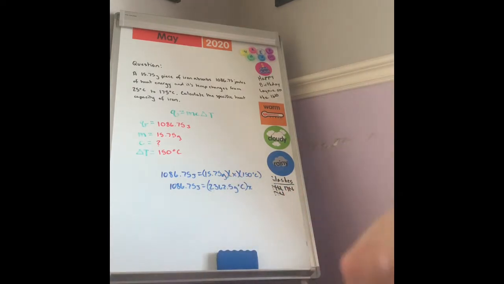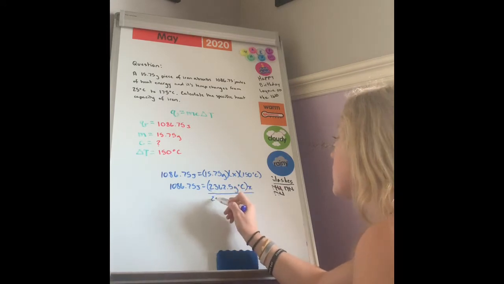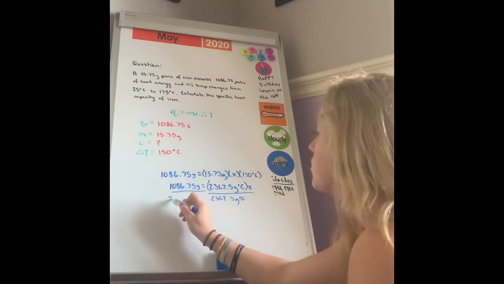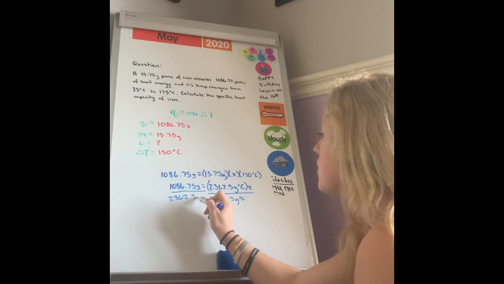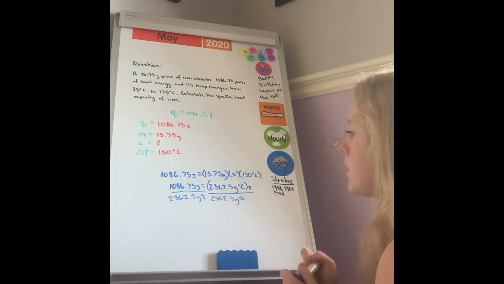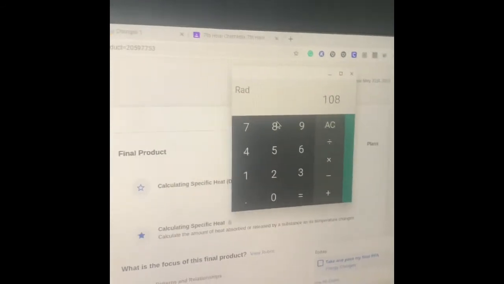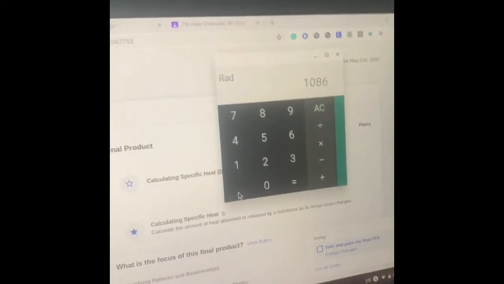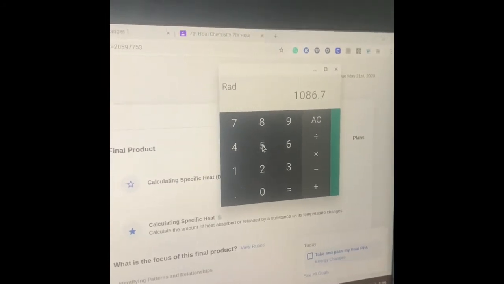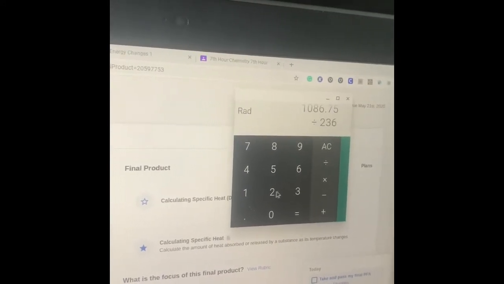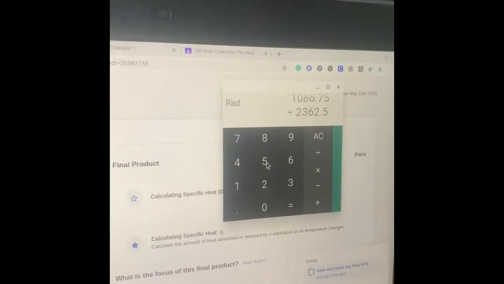So now to get X alone, we'll have to divide this and divide it over here as well. And so we have 1086.75 divided by 2,362.5, and that gives us 0.46.